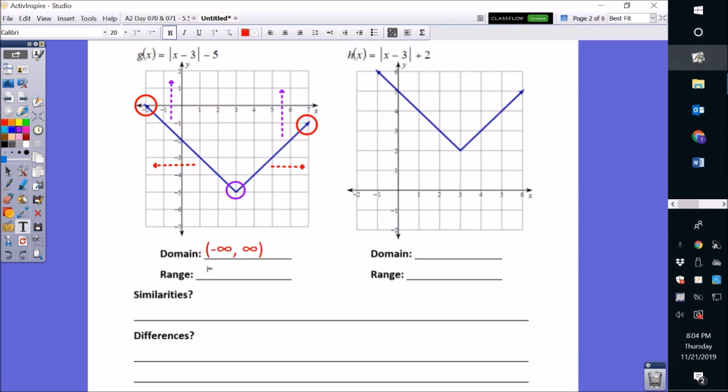So for the range, the bottom of the graph is going to start at -5. Now if you look closely, it is right at the line for -5. So that means that it's going to include -5. Since it's going to include, we're going to be using bracket.